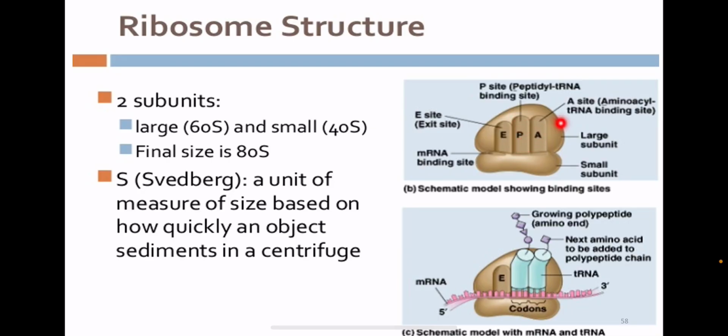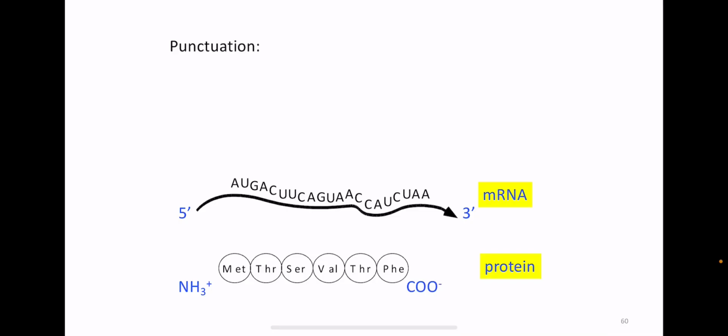But the subsequent ones that come in will start from here at the A site. The first one comes in, joins with the amino acid, then it moves to the exit site and goes away. The next one comes, another one joins at the A site.